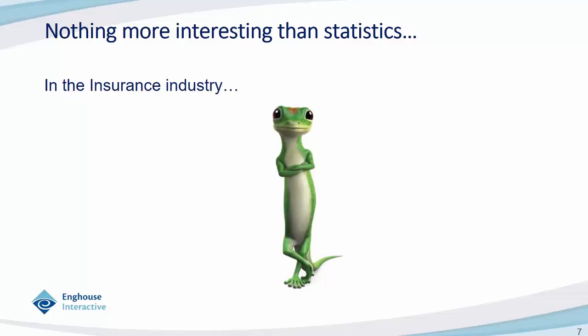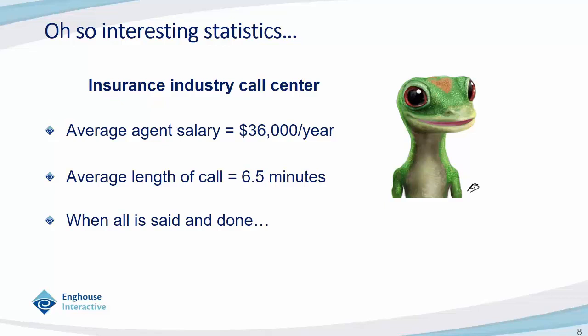Now, the first thing I wanted to get started with is talking about some statistics. And I realize how interesting statistics can be, especially on a webinar. But if we look at a specific industry, the insurance industry with a call center, the average agent makes about $36,000 a year.